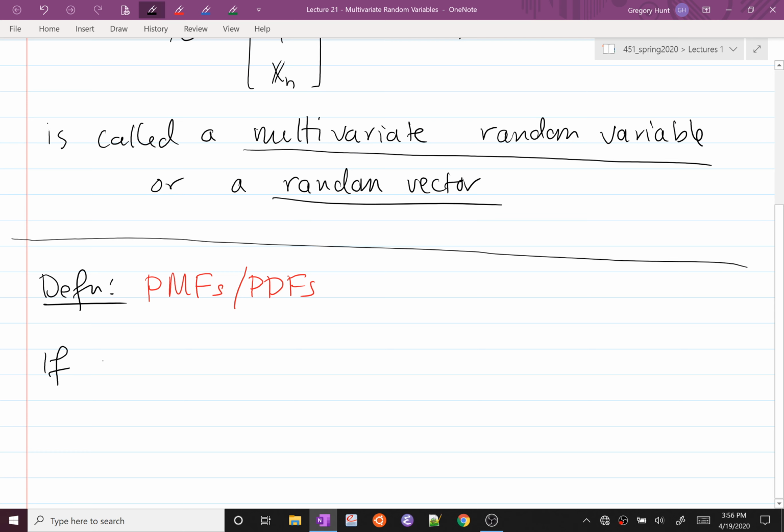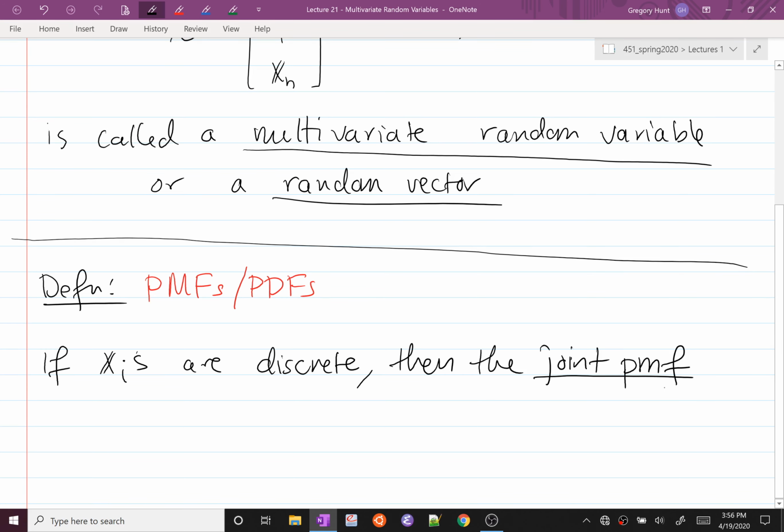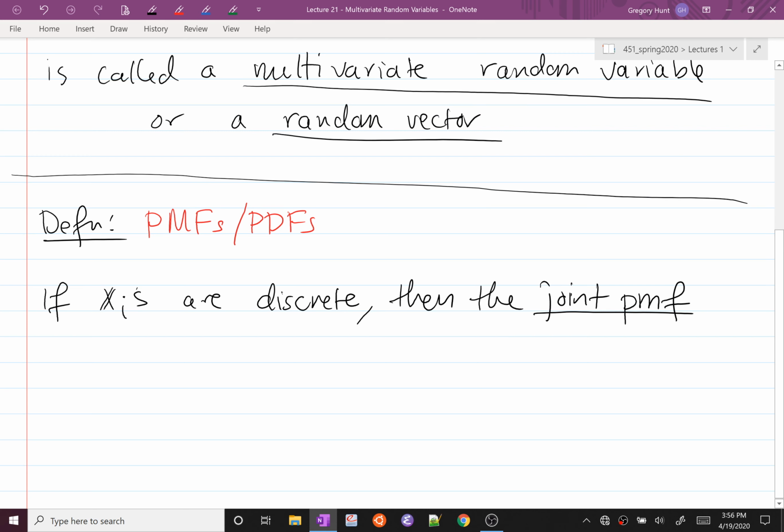If the x sub i's are discrete, then what we're going to call the joint PMF, using the same word as in the bivariate case but now with multiple random variables, is f of x tilde.